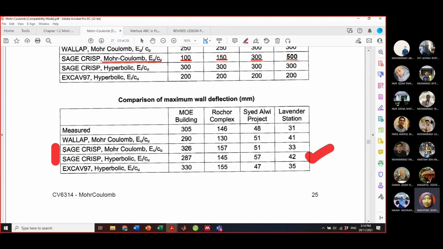Whereas if you are using Mohr-Coulomb, there is over prediction on the wall deflections. So I think that for the major projects or major constructions, it is recommended for you to have the right constitutive model for that kind of soil, whether undrained condition, drained condition, effective stress and total stress.